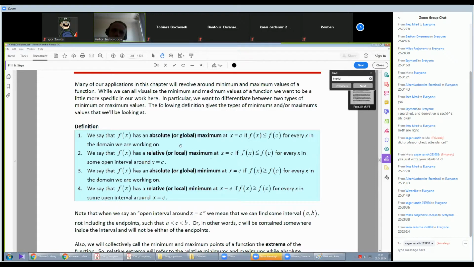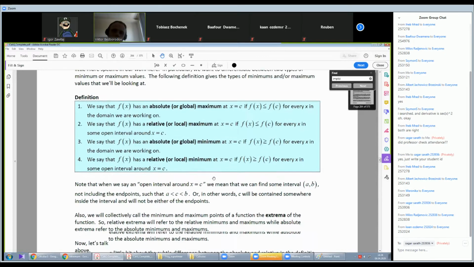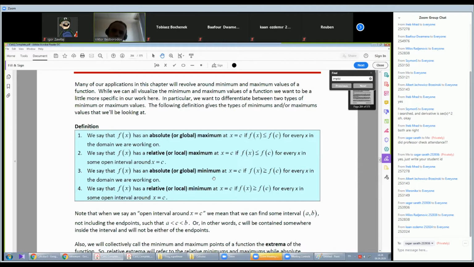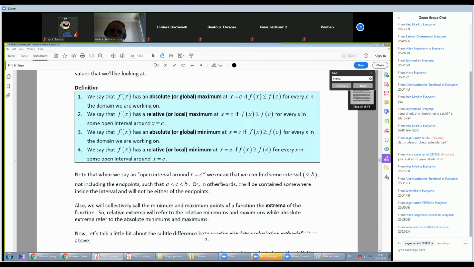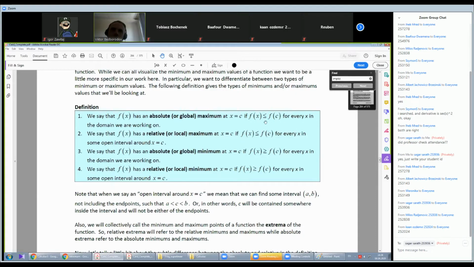So maxima and minima constitute extrema, right? So an extremum is either a maximum or a minimum. Right. So now you have a global maximum and minimum, or local maximum or minimum.